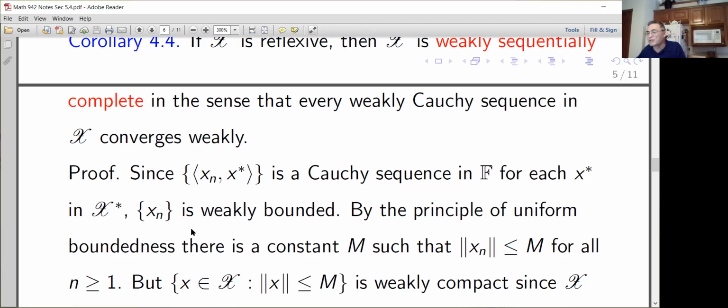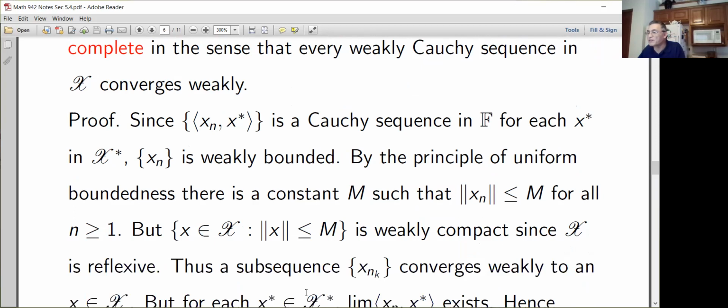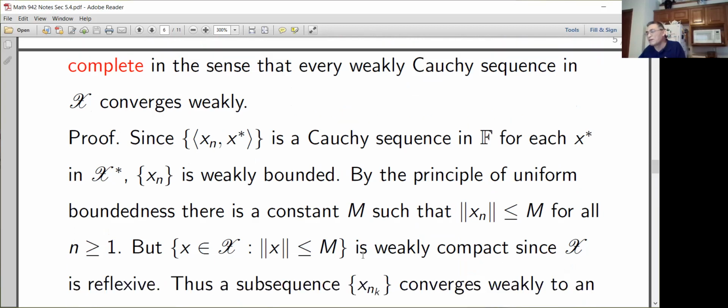But this is weakly compact since X is reflexive. We just proved that in Theorem 4.2: if X is reflexive, then the ball is weakly compact. Reflexive is condition A, and weakly compact is condition D. Remember that.